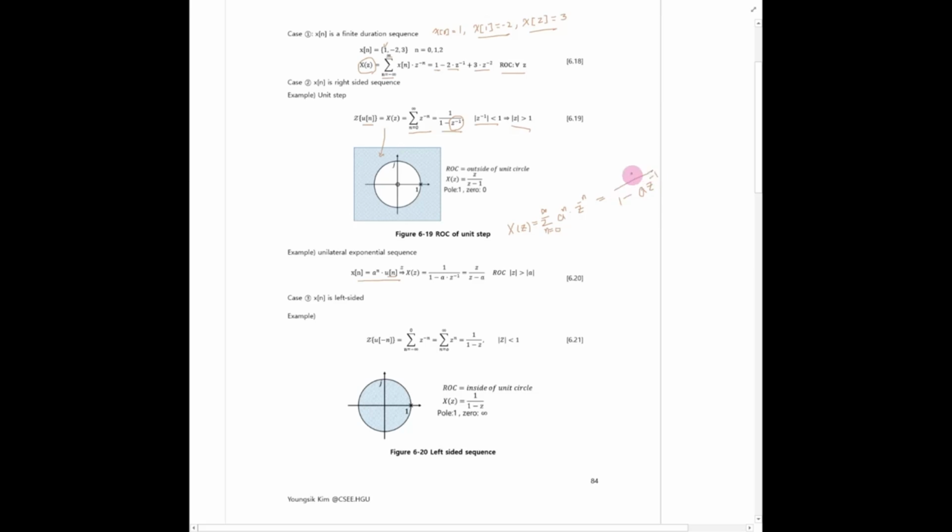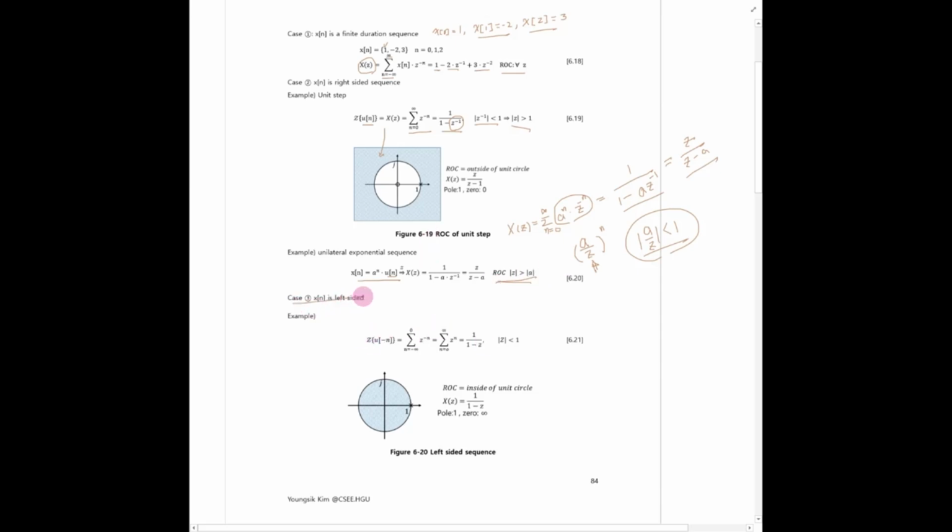Here you can see the term a over g to the n. This one is the ratio factor, and this ratio should be less than 1 to converge. This gives the region of convergence, and the G transform will be g over g minus a. This is the G transform, and the region of convergence is defined in this way. So a right-sided sequence always has a region like this: larger than a certain value, outside of the circle.